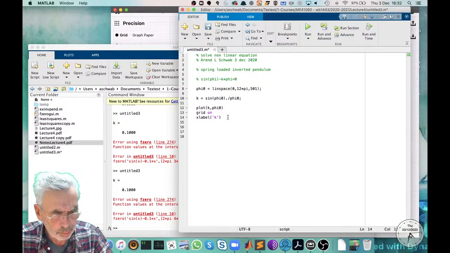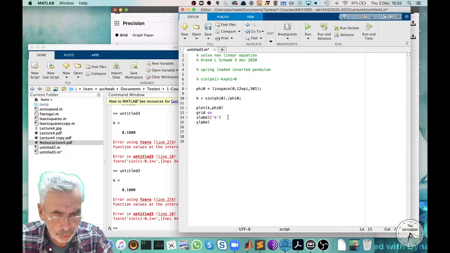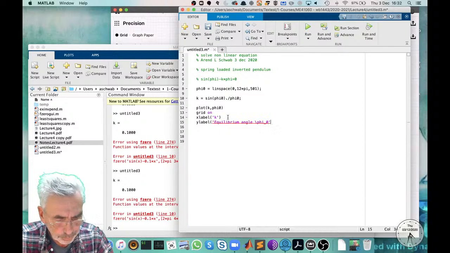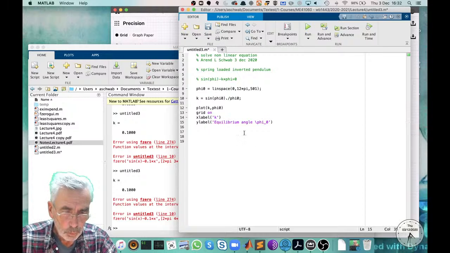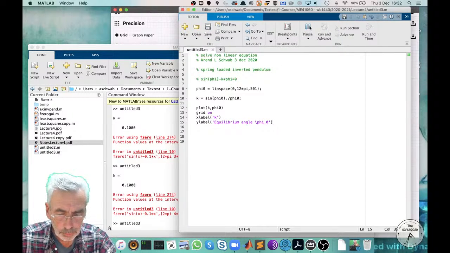X label, is that correct? Y label, well, we'll see if it's correct. Equilibrium angle, and we're going to say phi 0. Let's run that.